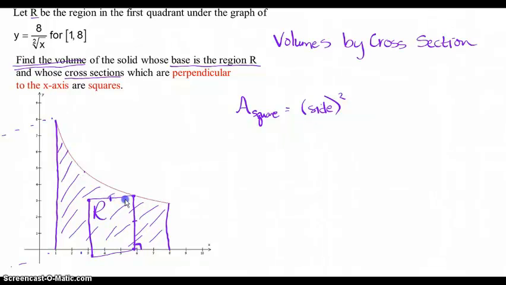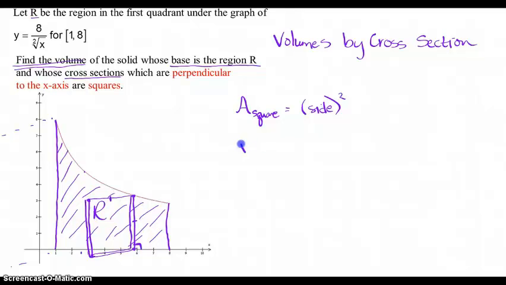Well, the beauty part of a square is that all of the sides have to be the same. So if I take this square and I give it a little thickness, now I've actually got a three-dimensional prism here. This square has some thickness to it. Now I'm talking volume, right?